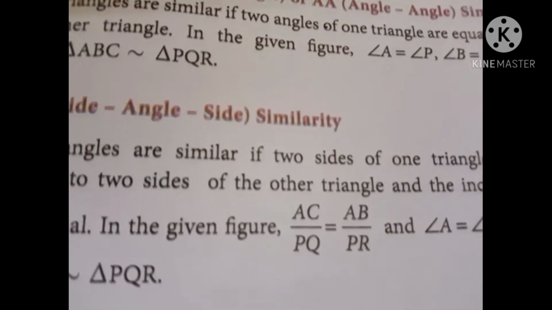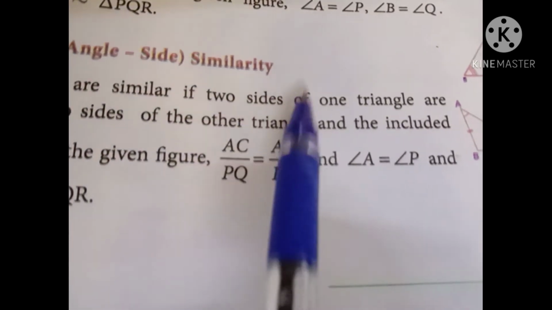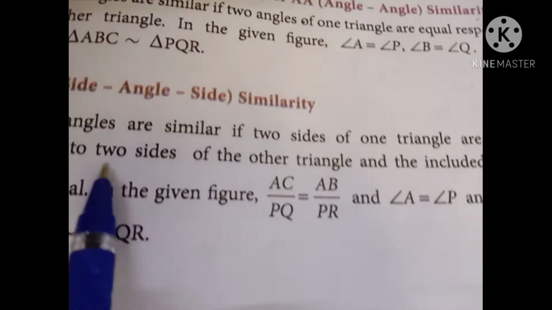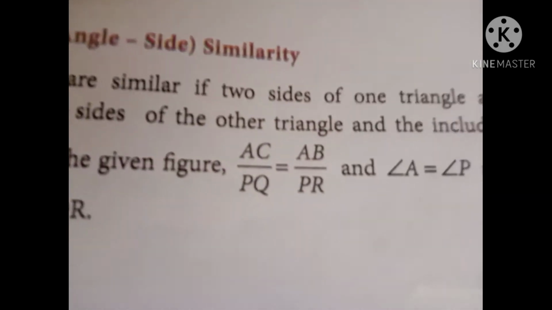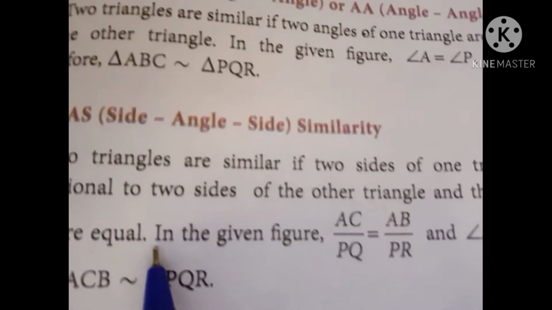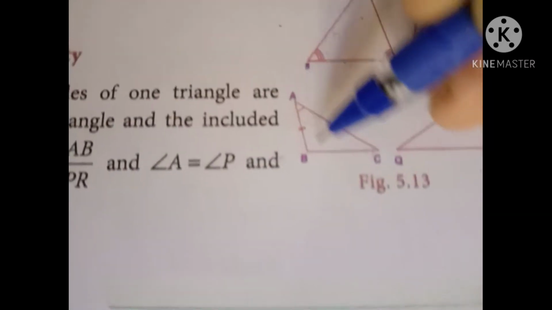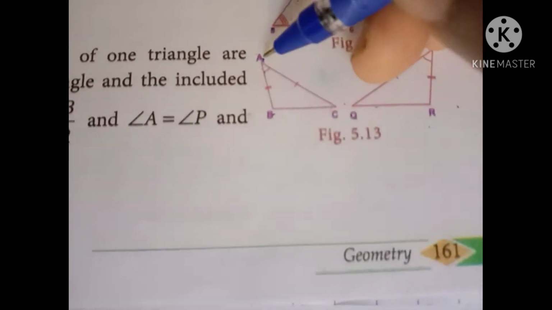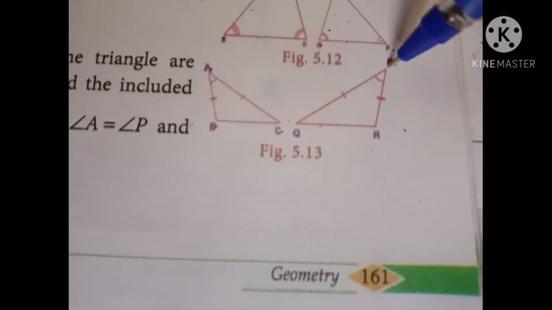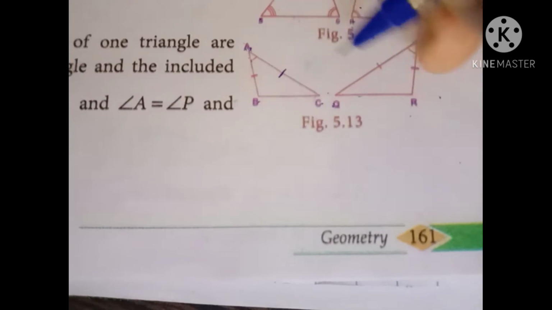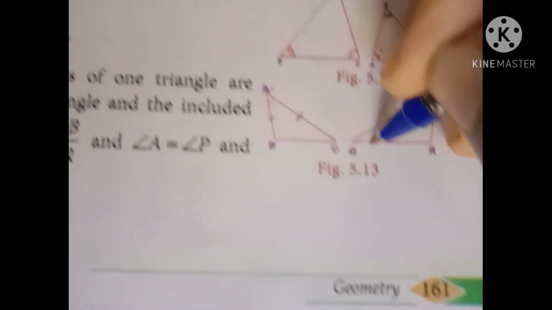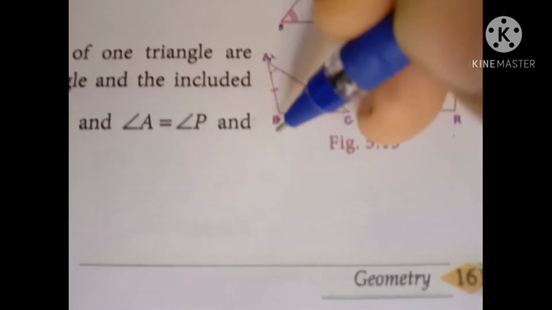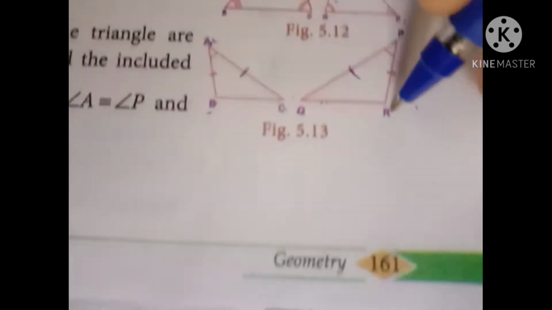Then the next property is side-angle-side similarity. Two triangles are similar if two sides of one triangle are proportional to two sides of the other triangle and the included angles are equal. So if you take triangle ABC and triangle PQR, AC is proportional to PQ and AB is proportional to PR.